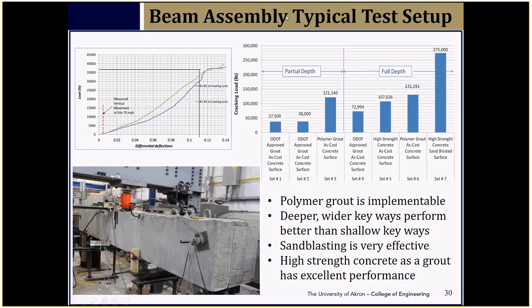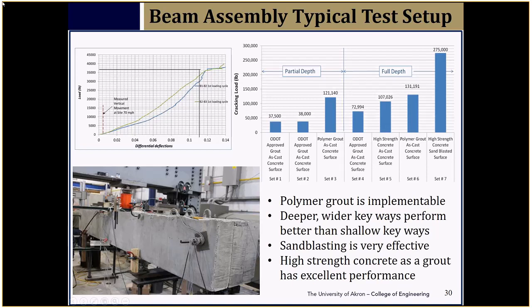For ODOT approved grout we have about, let's say, 38 kips, and for high strength concrete on the extreme right hand side we get 275 kips. Big increase in shear transfer strength.